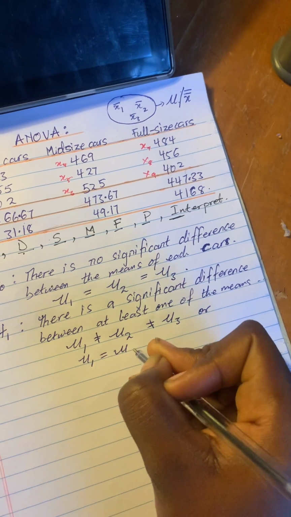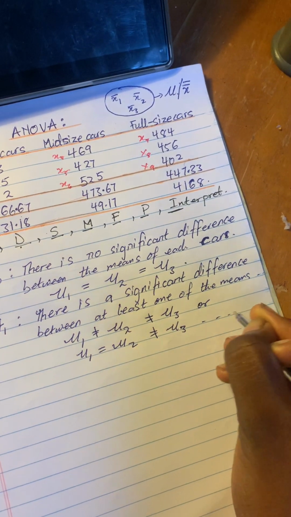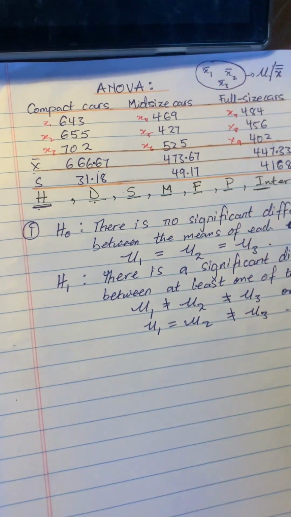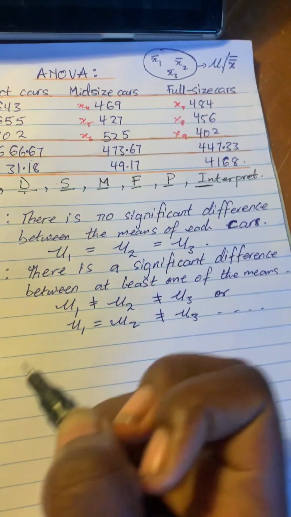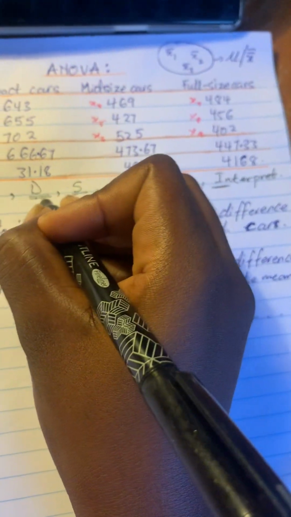Or we can say that population mean 1 is the same as population mean 2, but it's not the same as population mean 3. And the list goes on. So that's it for step 1, stating the hypothesis.